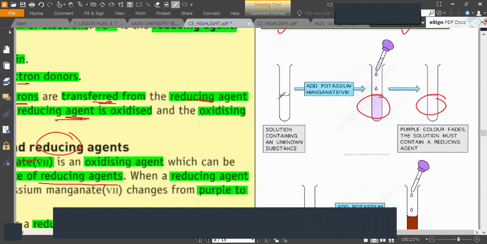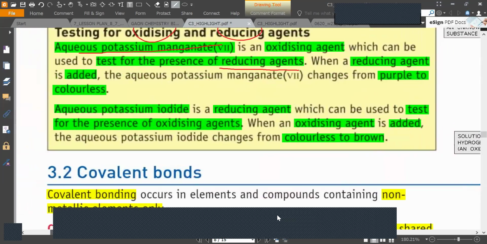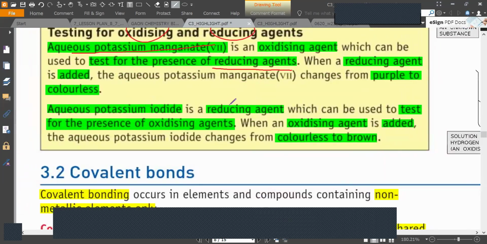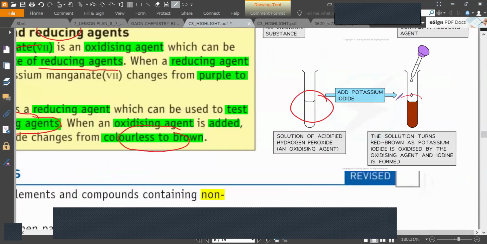How about if we want to test for an oxidizing agent? We will use potassium iodide. It will go from colorless to brown if we have an oxidizing agent.